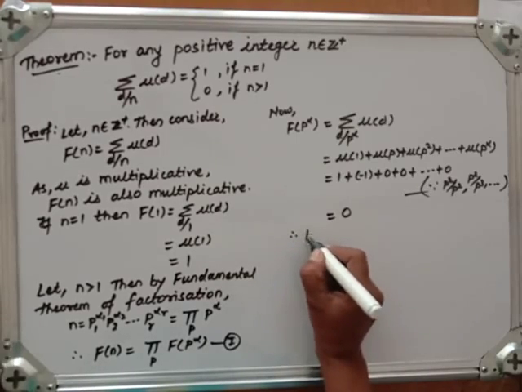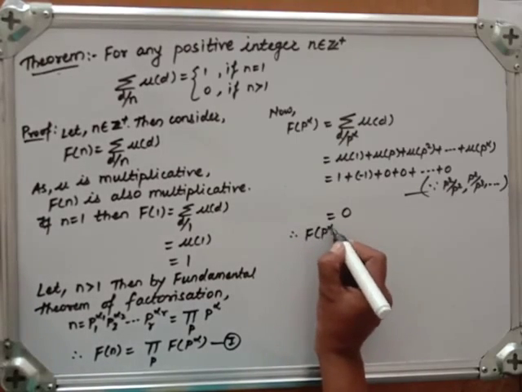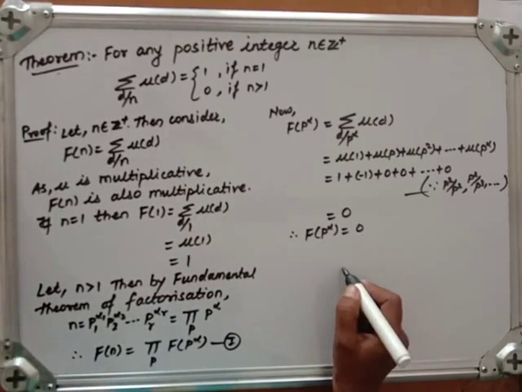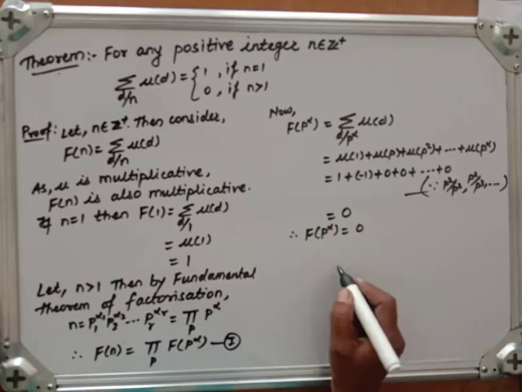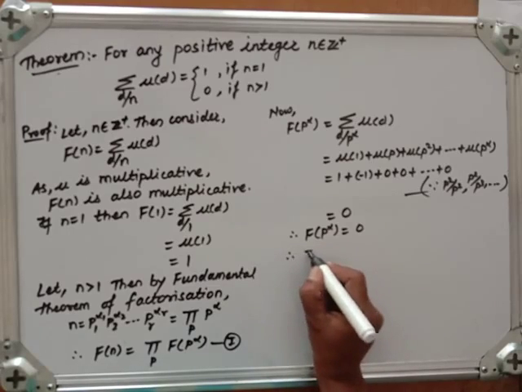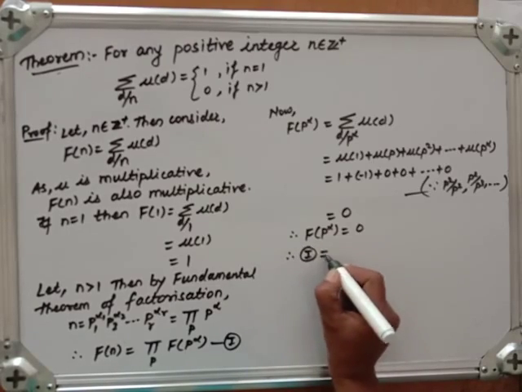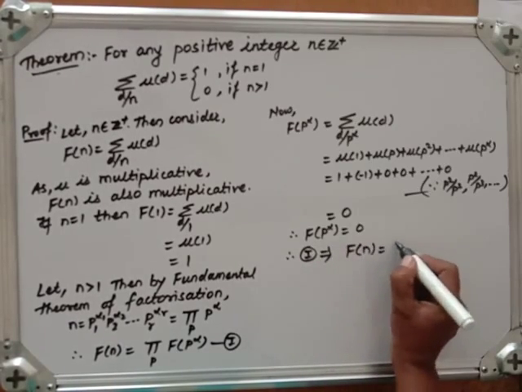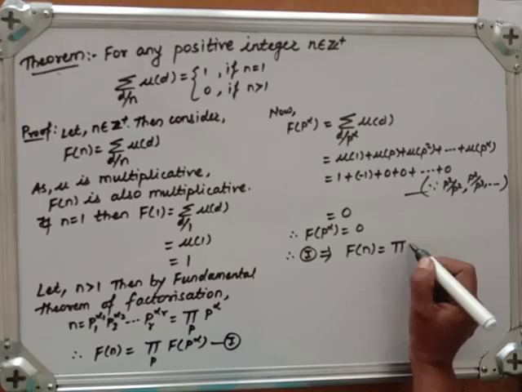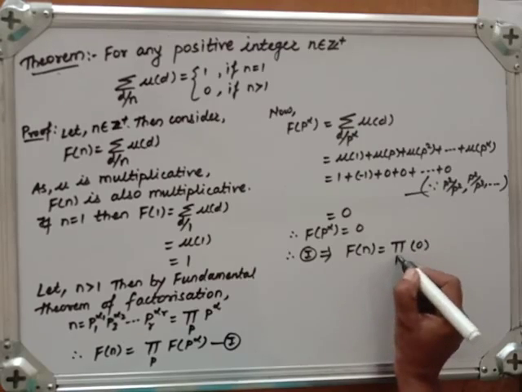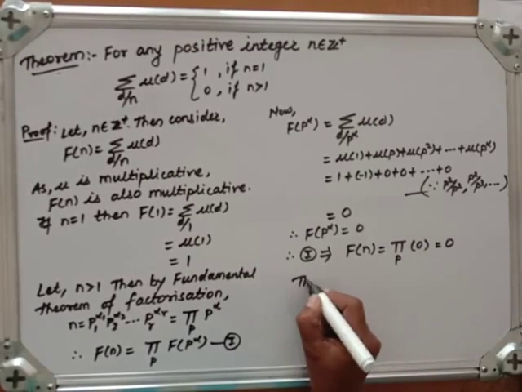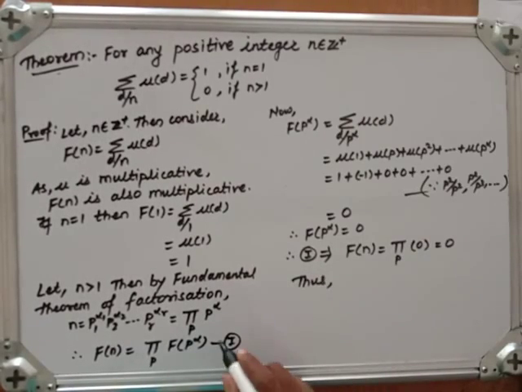Therefore we get F of p raised to alpha is 0. Now using this, equation 1 gives Fn as the product of this 0 over p, so that will be 0.